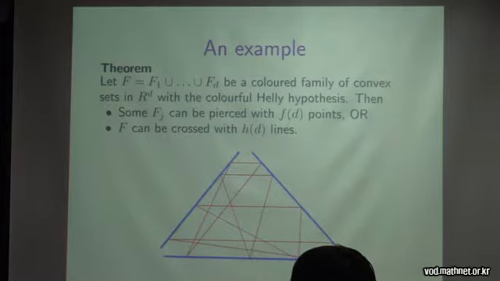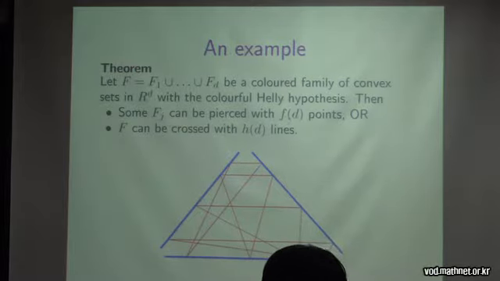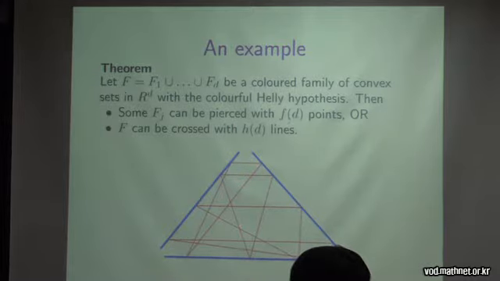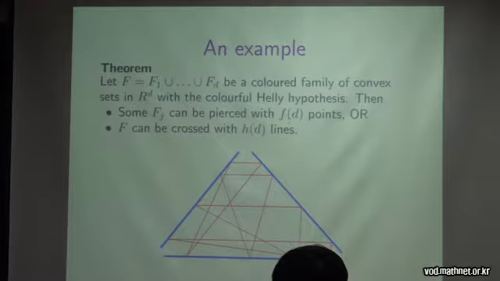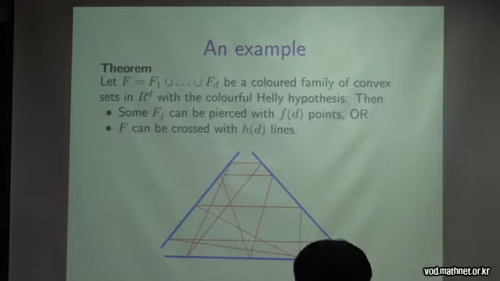And for the second family, this is in the plane. I'm going to take these segments, which are the sides of the triangle except some small neighborhood of the vertices. I have to choose this neighborhood small enough so that all of these sets intersect all of these sets. So these two satisfy the hypothesis, but you're going to say, okay, the red needs many points to be pierced, because each point can pierce only two of them at a time.